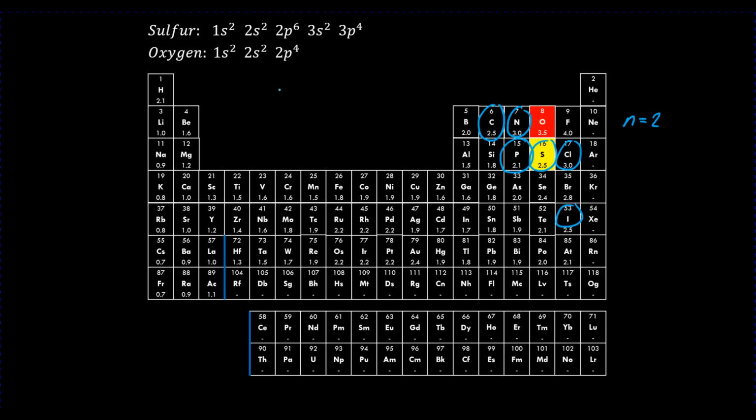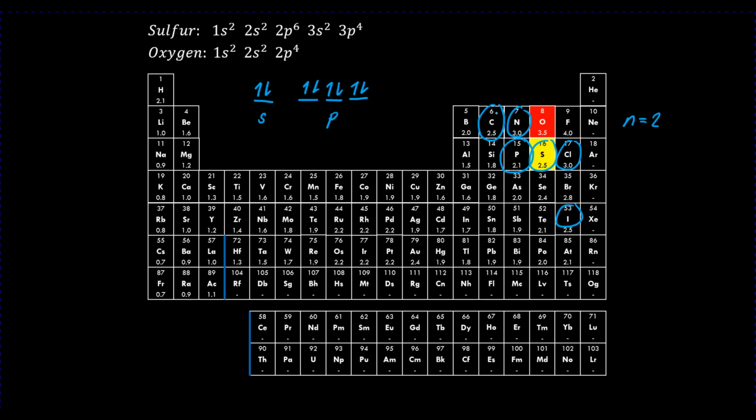The second energy level only has access to the s and p orbitals. And how many electrons can the s and p orbitals hold in the second energy level? A total of 8. That's all they can hold over here.